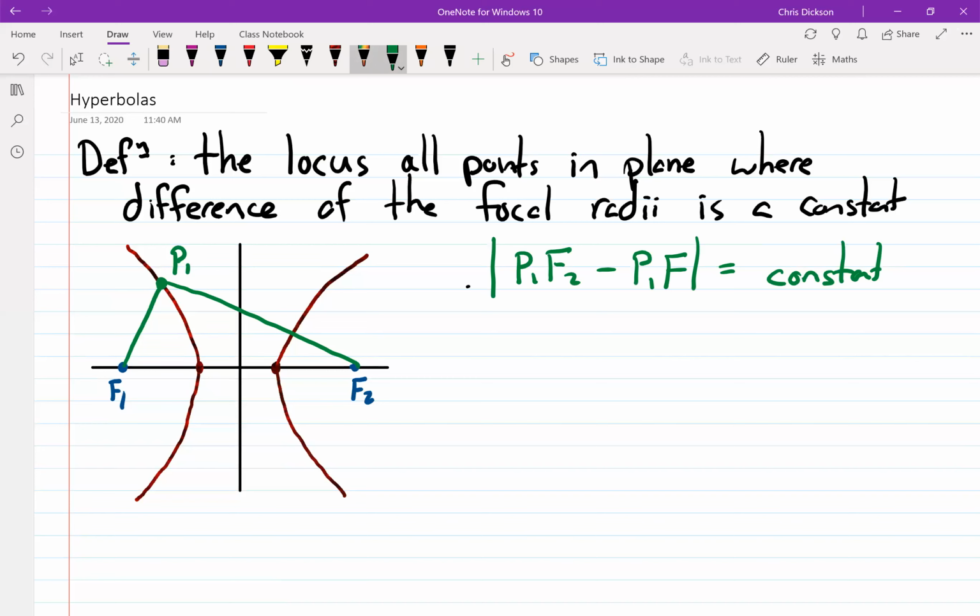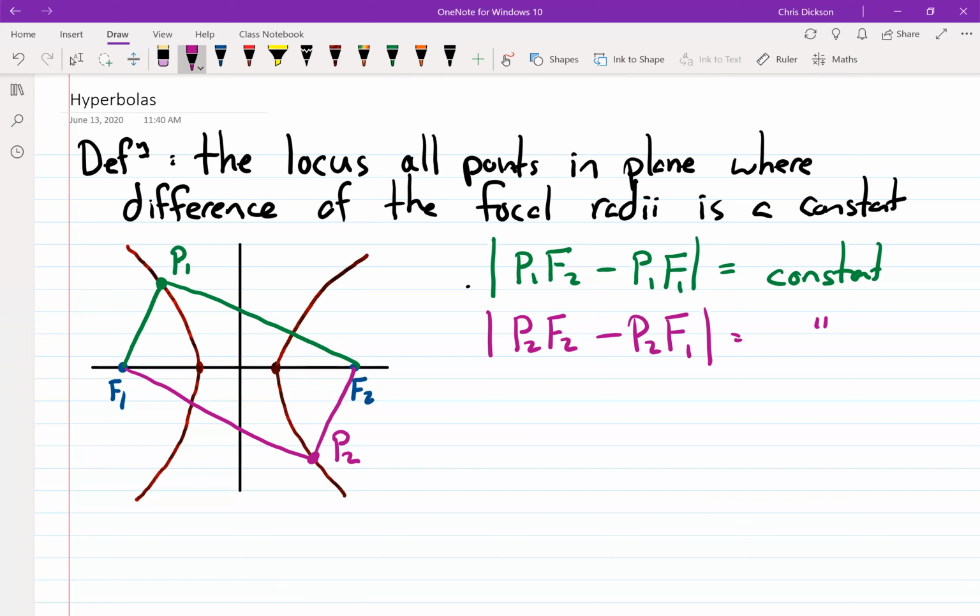And so once again, if you were to pick a different point, like say you picked a point over here, P2, then if you took the absolute difference between the distances, P2F2 minus P2F1, I guess that would have been a 1 up there, and you take the absolute value of that, you also get the same constant.